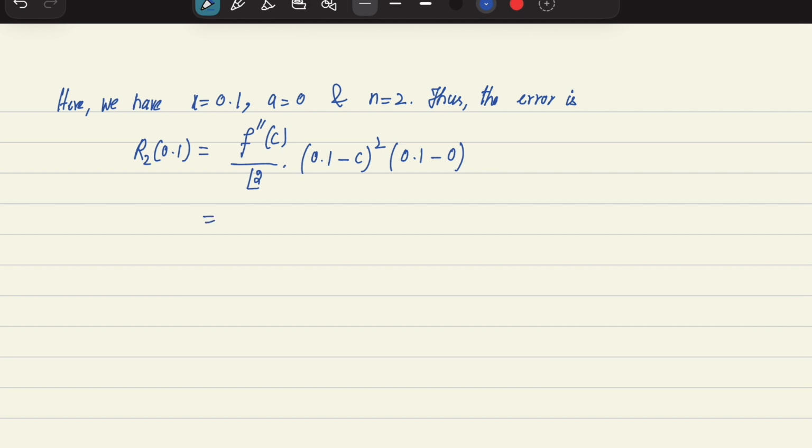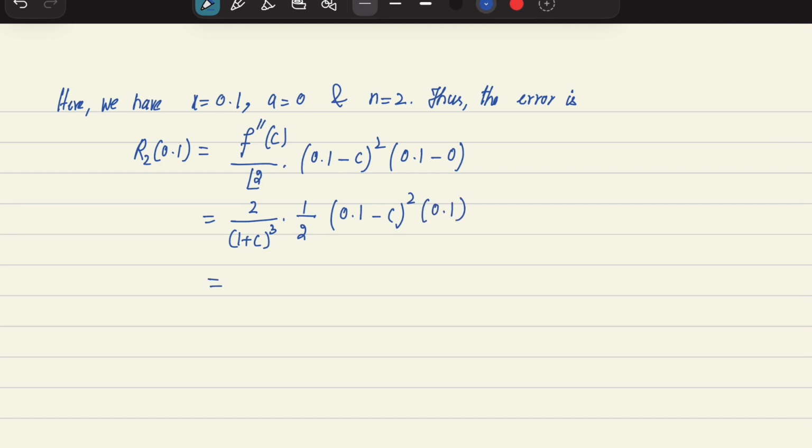Now the second derivative of log of 1 plus x is equal to minus 1 divided by 1 plus x whole squared. Using that second derivative, we obtain this value equal to 2 divided by 1 plus c whole cube into 1 divided by 2 factorial, that is 1 divided by 2, into 0.1 minus c whole squared into 0.1.